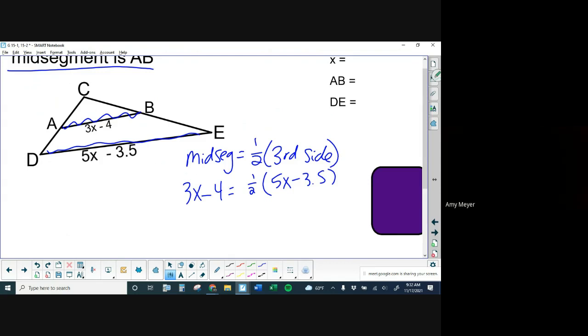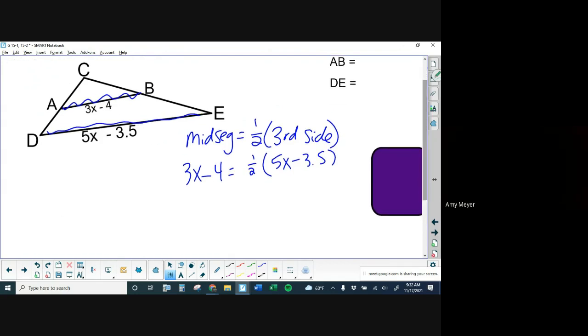Let's talk about distributing. If you see this fraction and you want to distribute, that's not wrong. Here's why I wouldn't do that. If I distribute, aren't I going to get another fraction or decimal here, and then I have to work with the fraction and the decimal. You could do that if you want. But I would say instead of distributing a fraction, let's just get rid of the fraction. How do you get rid of it? You multiply by the reciprocal.